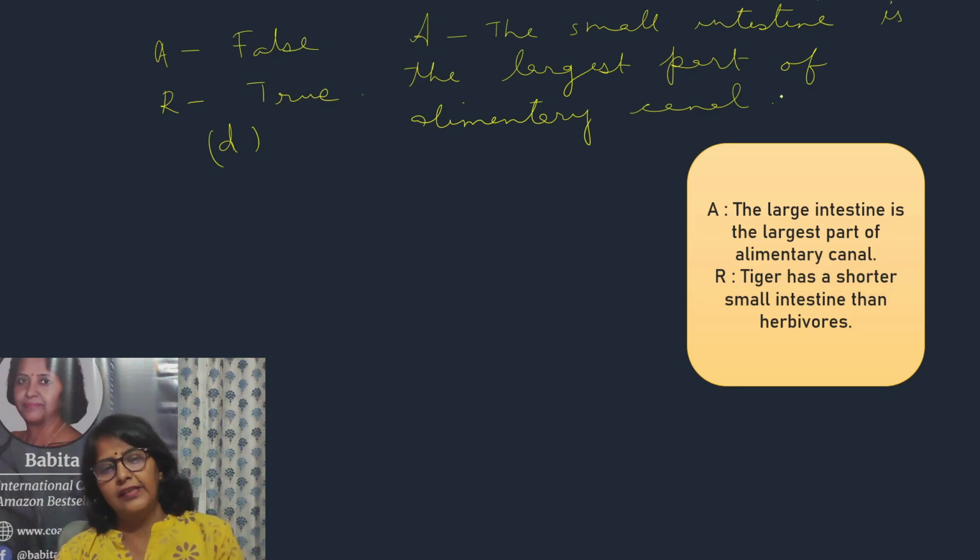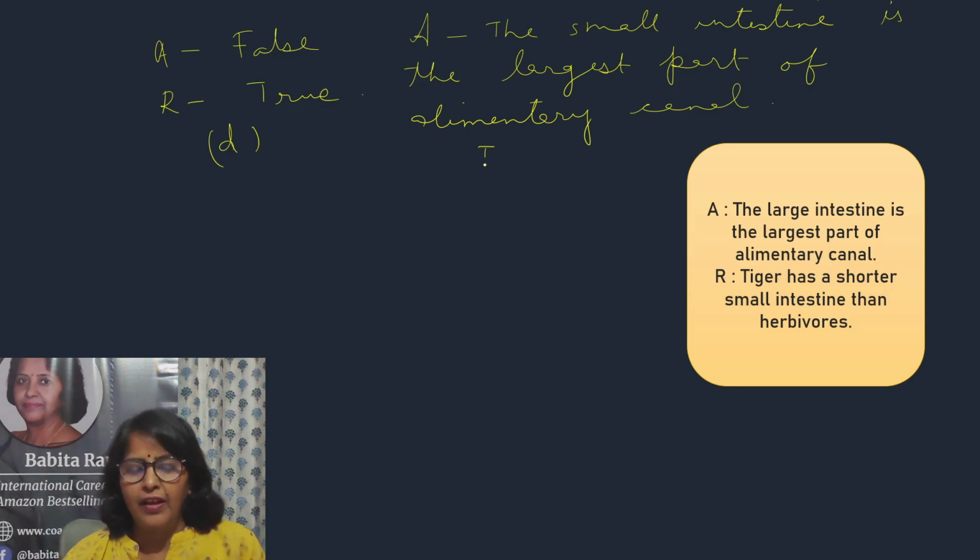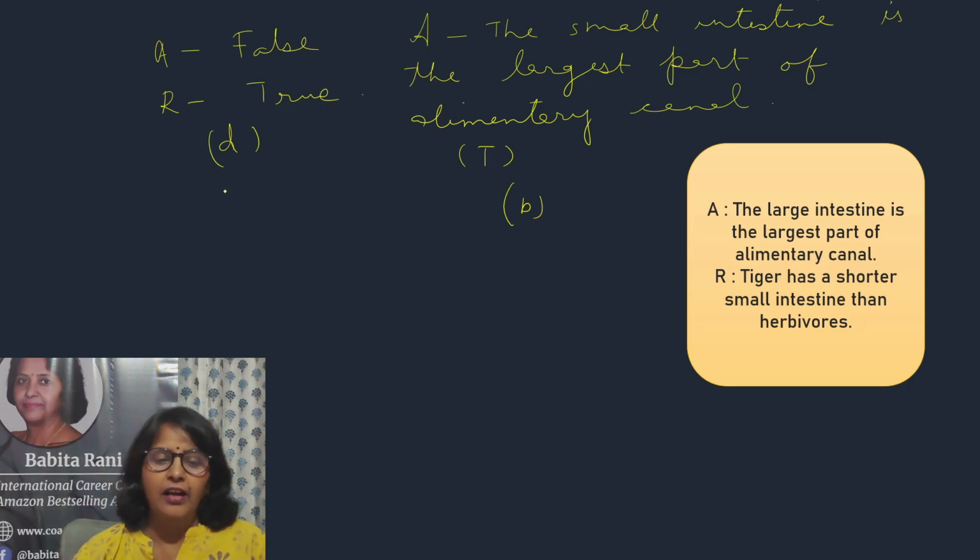So this is true. So what will happen if we keep the reason the same? Tiger has a shorter small intestine than herbivores. That is also true. So the answer will become D. Right? Now let me change the assertion one more time.